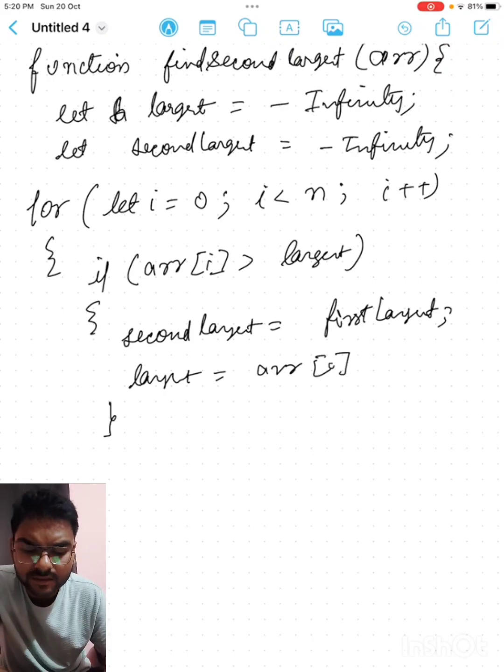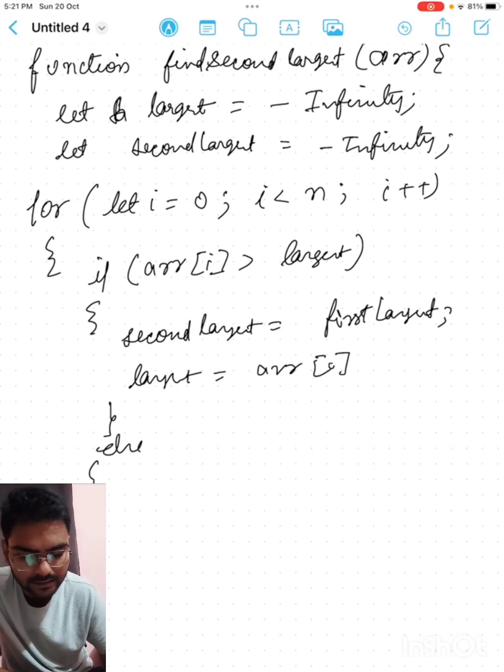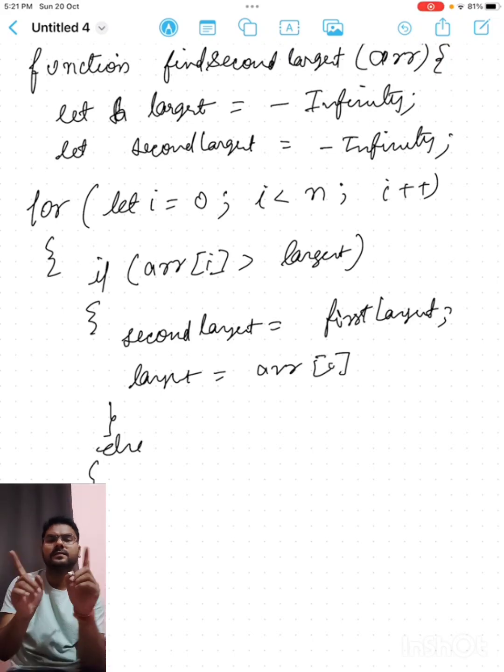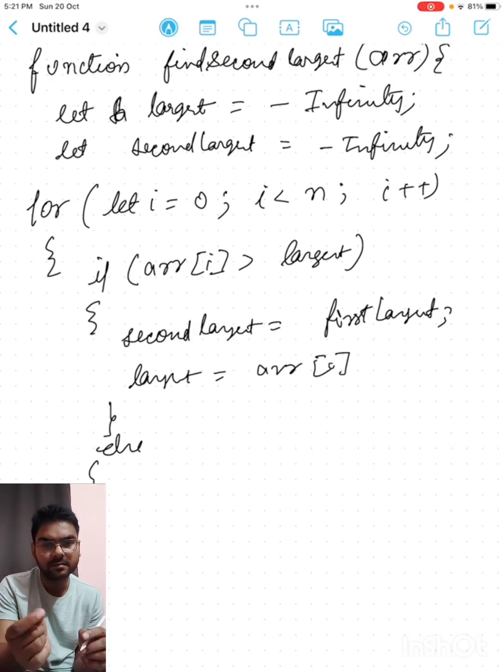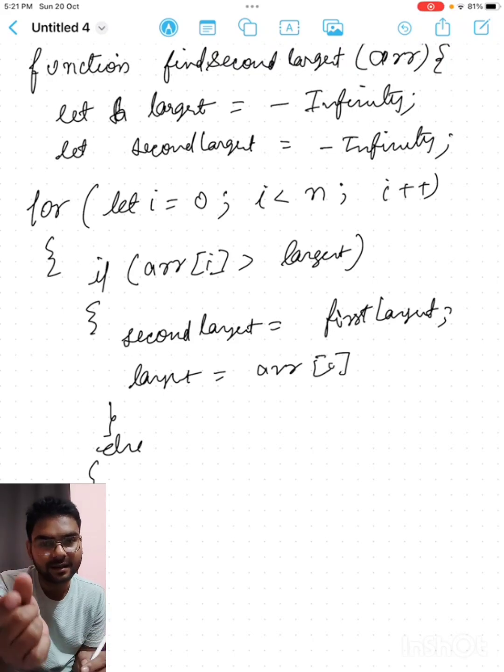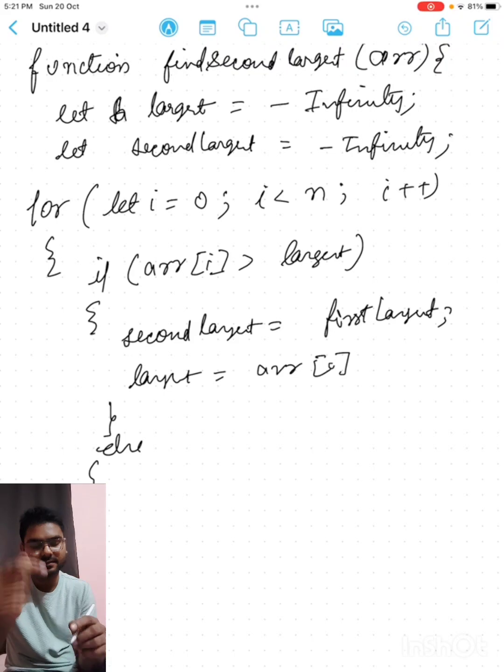What if array of i is not greater than the largest? Else, then what do we have to check? Whether the number is greater than second largest or not.